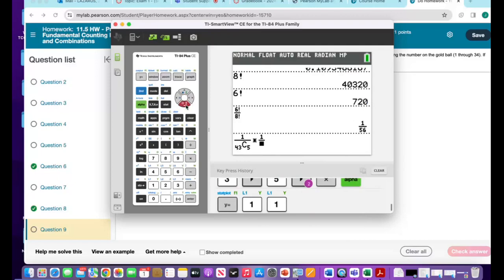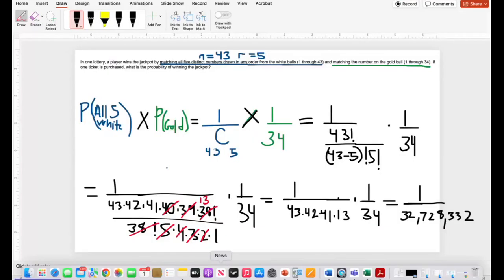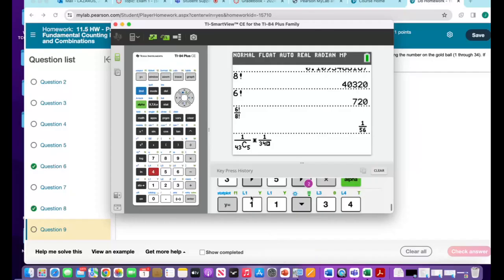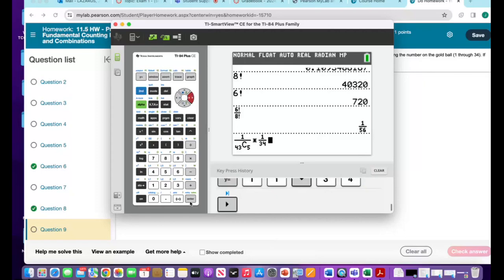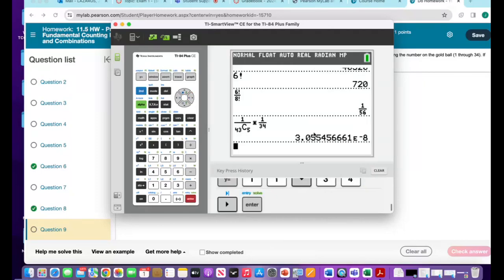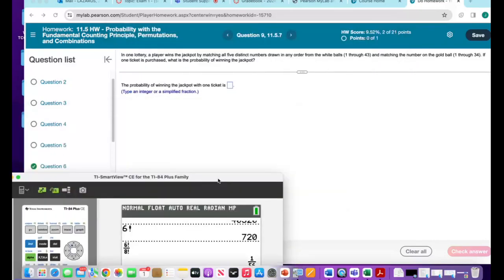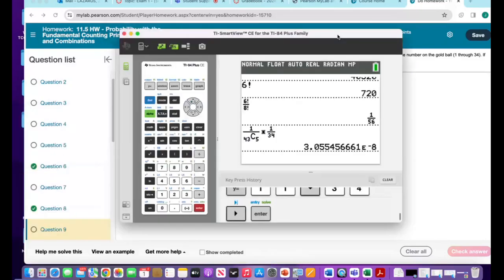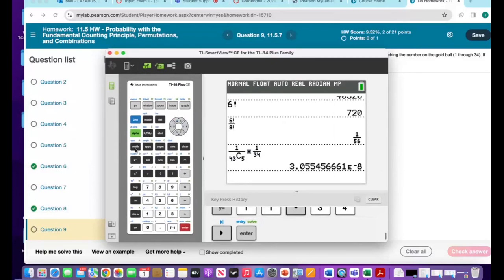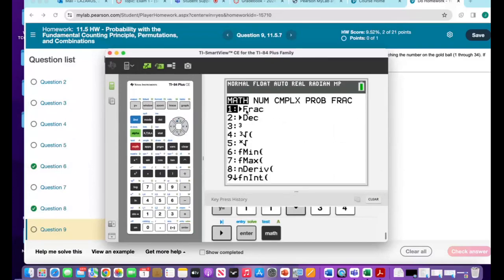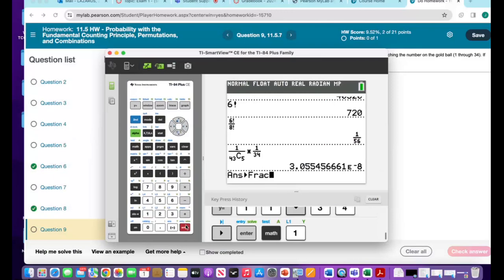Is that what it was? Oh. Was it 34? Yeah. Let's see what we get. Make sure. Okay. So see how it's making it a decimal? A lot of times on the answer, they want it to be a simplified fraction, right? So go to math and you can actually change it to fraction.